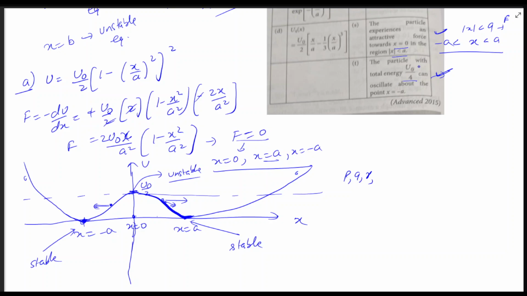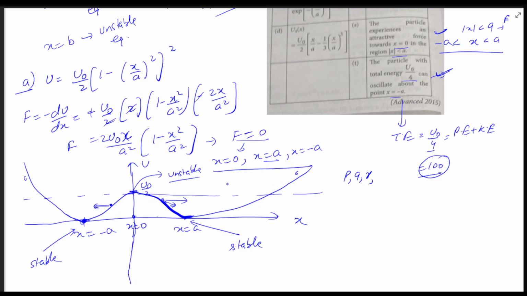For the particle with total energy U naught by 4 can oscillate about x equal to minus a. Now, to solve this, first understand this. It is saying the particle's total energy is U naught by 4, and total energy is potential energy plus kinetic energy. Then it will oscillate about x equal to minus a. Think of U naught by 4 as 100, so we have a particle whose total energy is 100.